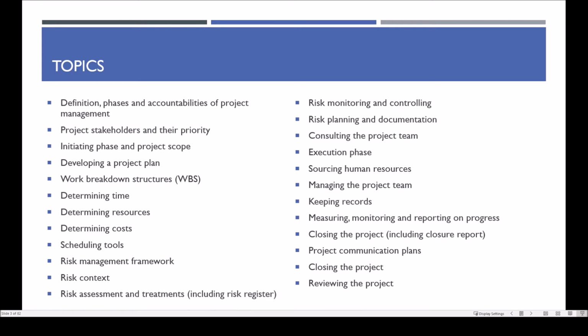And then from the scope, we'll start to look at the planning phase, which is about planning projects and using tools such as a work breakdown structure or the WBS, about determining time, so things like putting together schedules, determining resources, both physical resources and people, and determining costs, so things like budgets. And as I mentioned, we'll look at scheduling tools like Gantt charts.